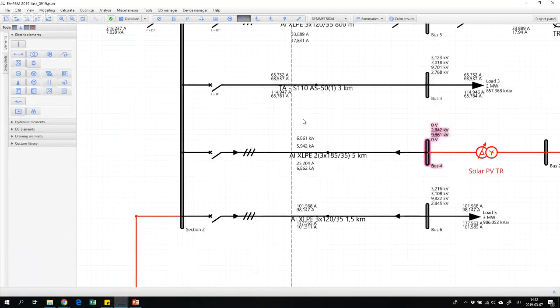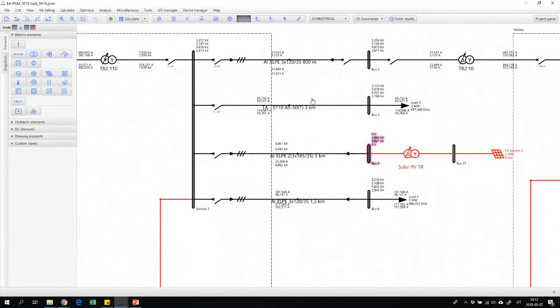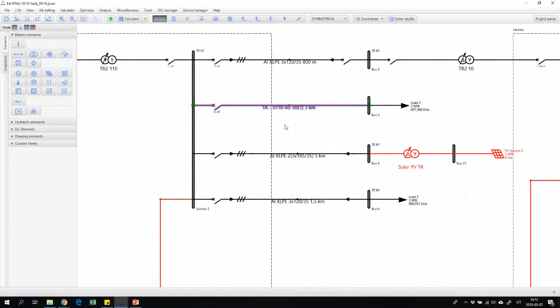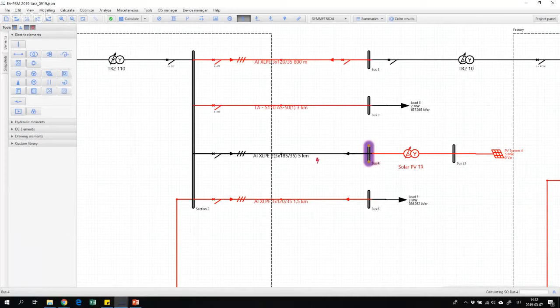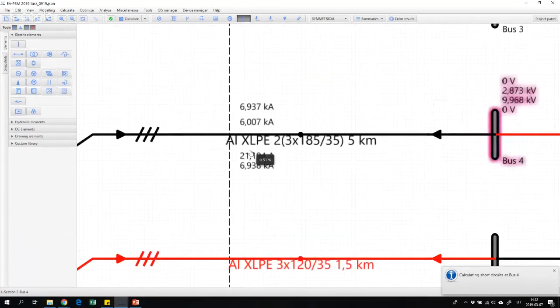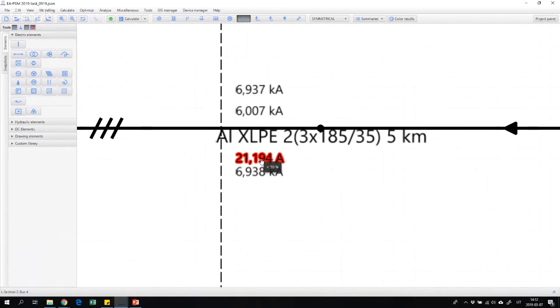And if we reduce the number of conductors in the network which are generating capacitive current, this particular one phase short circuit current will also be affected, because we will have smaller capacitive current. So you see, instead of 25 amps, now we have 21 amps.